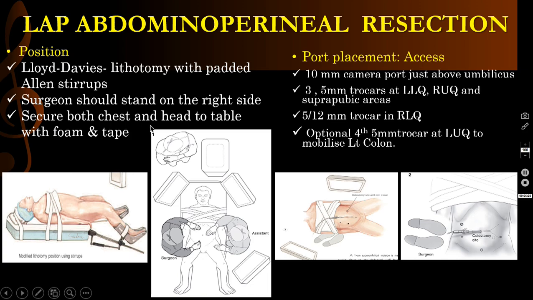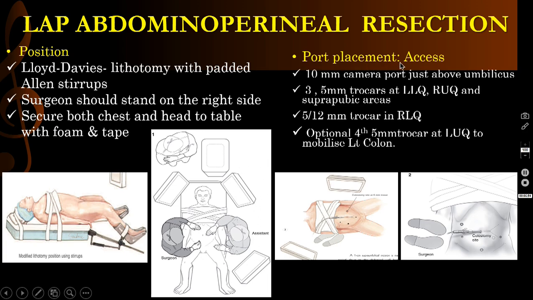Secure both chest and head to the table with foam and tape. This is the foam and this is the tape with which you have to secure both the chest as well as the head to the table. And the foot end also, this is the Allen stirrups.